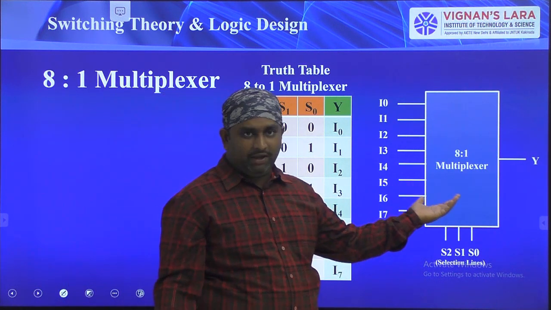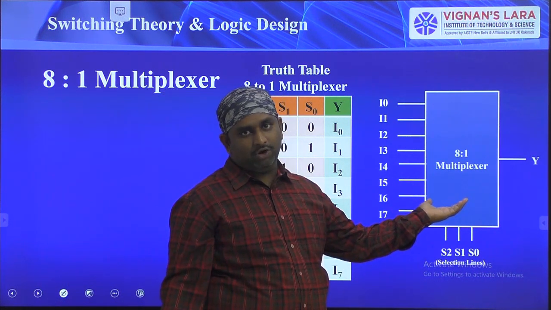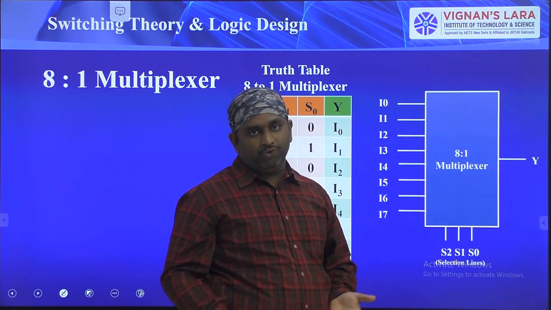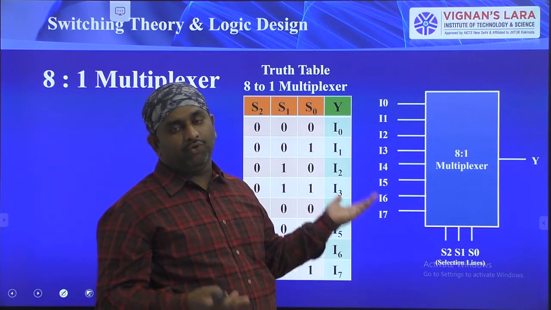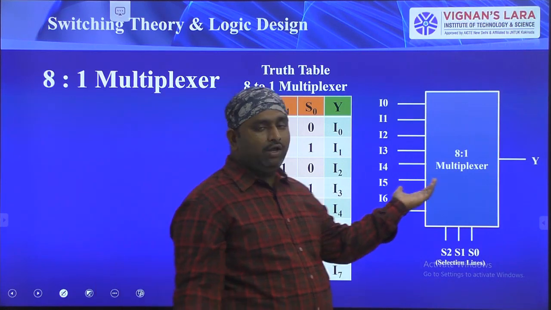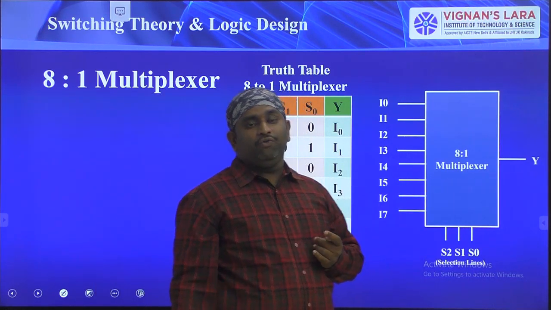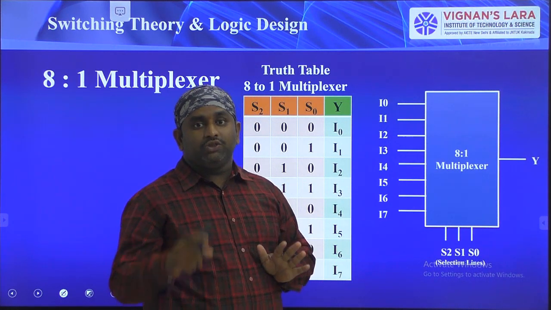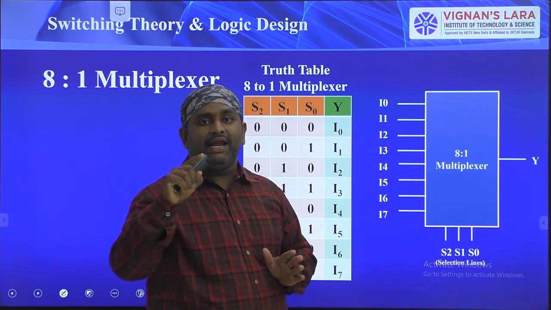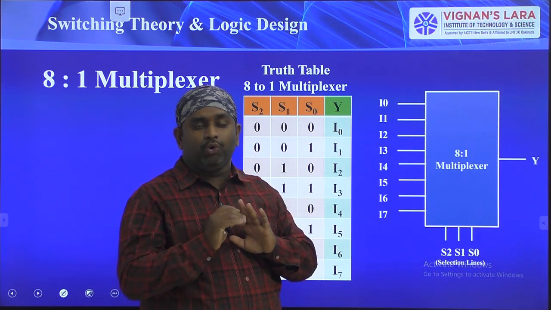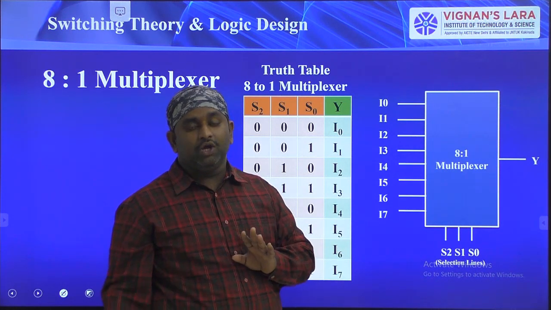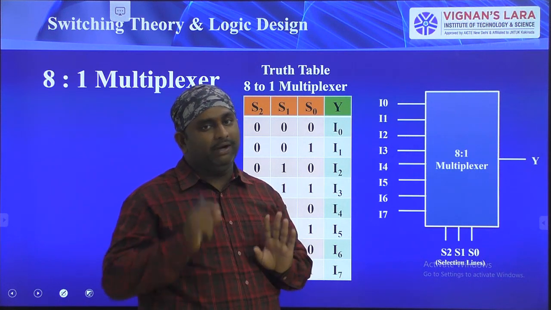So whatever it may be, this is the multiplexer operation. However many channels you want, you can take. If you want 100 channels you can take, if you want 200 channels you can take. Then how to select the multiplexer? If you have 100 channels, then you have to select a 128:1 multiplexer. In the market you won't get a 100:1 multiplexer, you will get a 128:1 multiplexer.